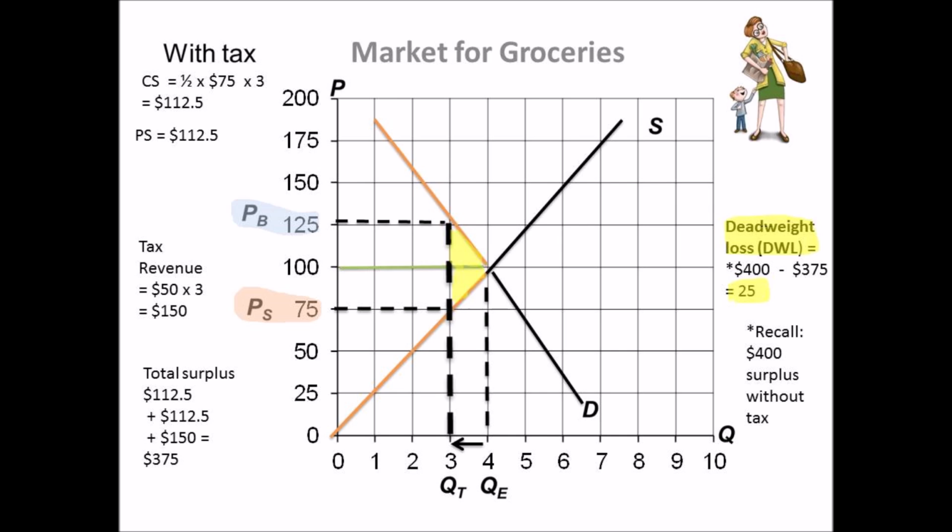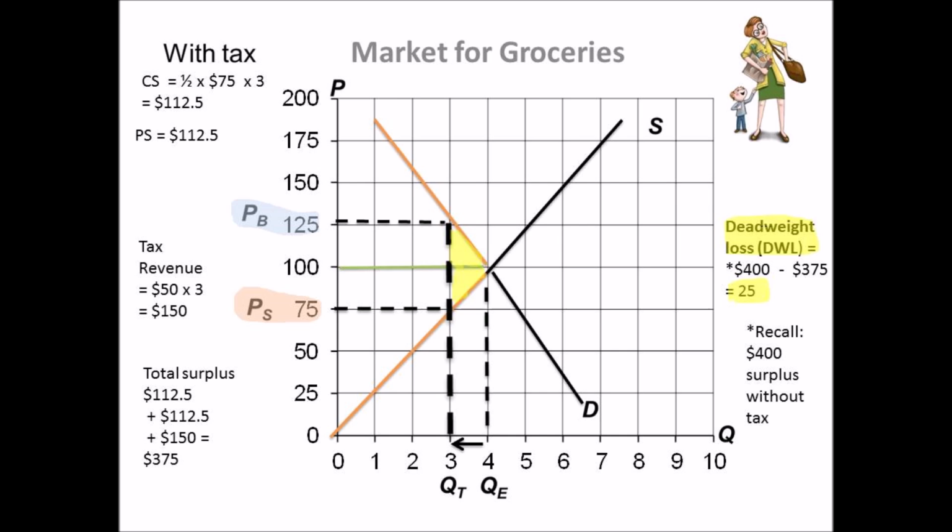Now we calculate the new amount of the consumer surplus by multiplying 0.5 to $75, which is the difference of $200, the maximum price of the groceries, minus the $125 price buyers pay, equals $75. Multiply this $75 by 3, which is the new quantity, and then we get $112.50, and producer surplus should also be $112.50.